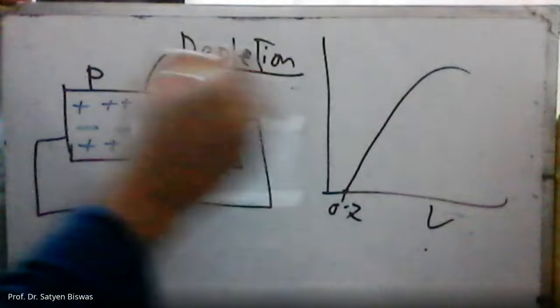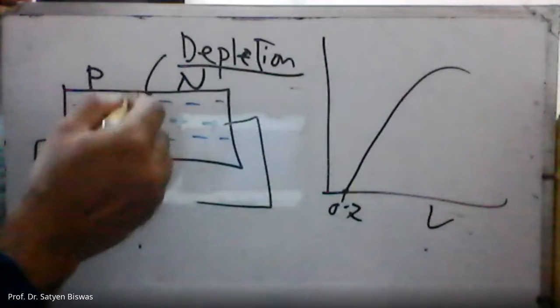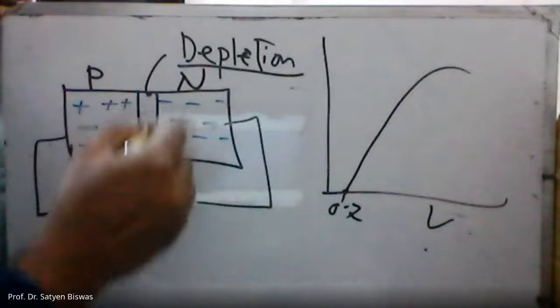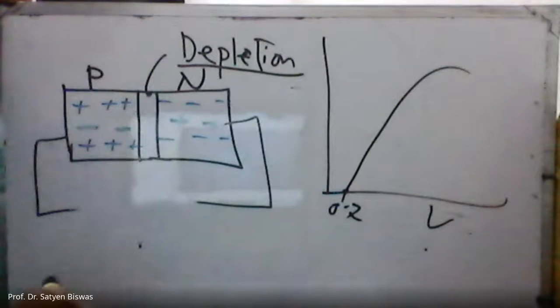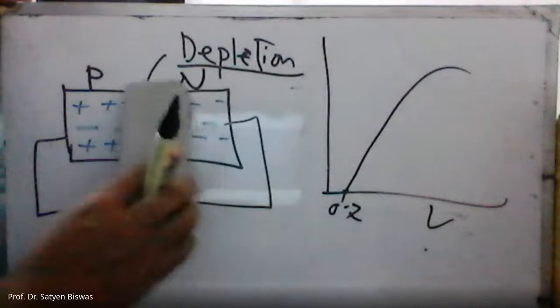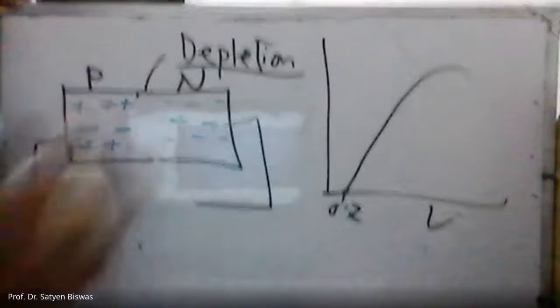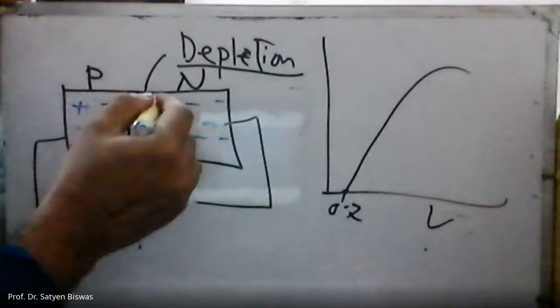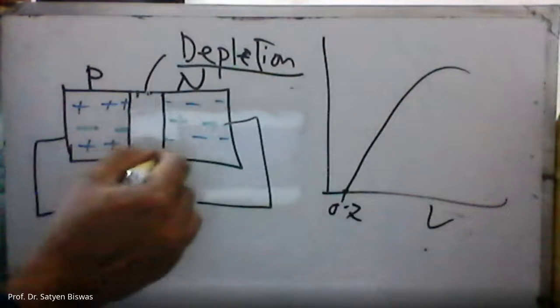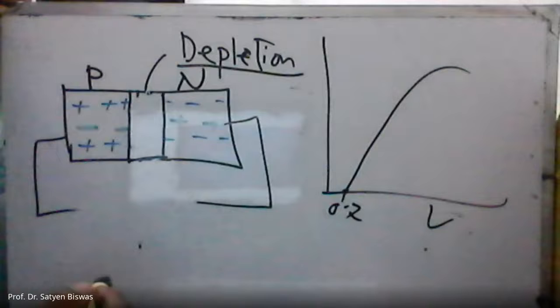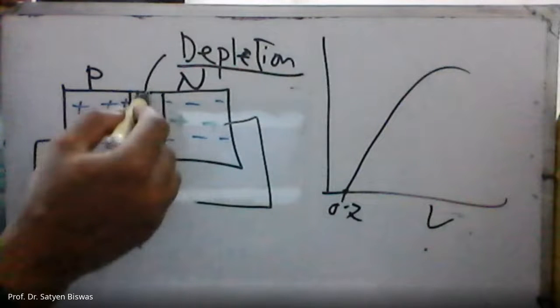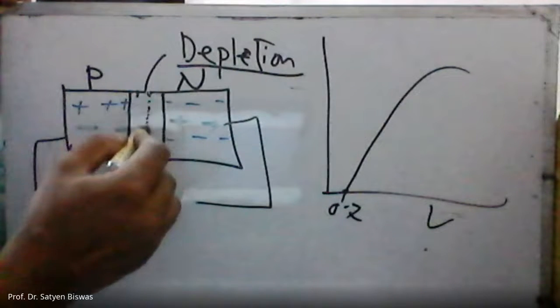Depletion region. So I'm just drawing it a little bit bigger so we can show what is actually there. Maybe we can make it a little bit bigger so we can show more. Okay, let's say initially the virtual barrier was like this, and this is the middle point.